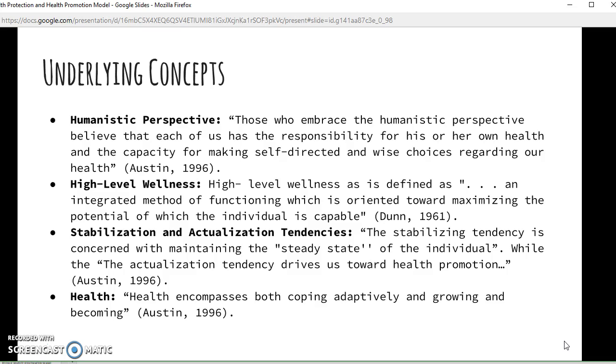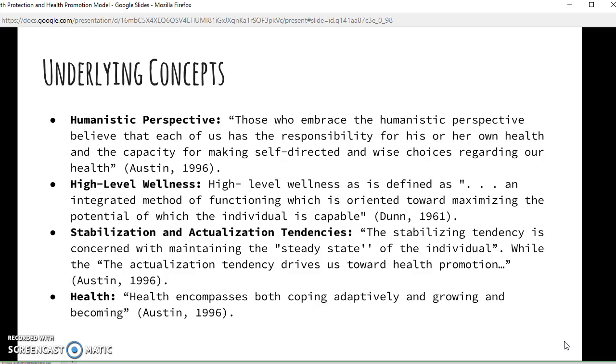All right, another underlying concept is stabilization and actualization tendencies. Both of these are really important, and on the next slide we'll go into a little more about what these two are. But the stabilizing tendency is concerned more with maintaining the steady state of the individual.